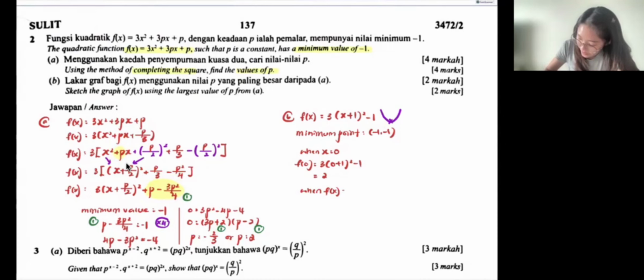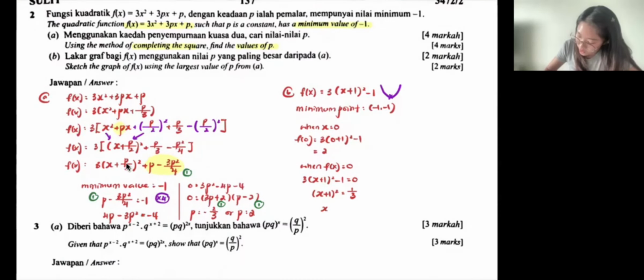Substitute f(x) equal to 0. So this will be 3 times (x plus 1) squared minus 1 equals 0, and (x plus 1) squared equals 1 over 3. Square move over, you will square root. Square root plus minus 1 over 3.